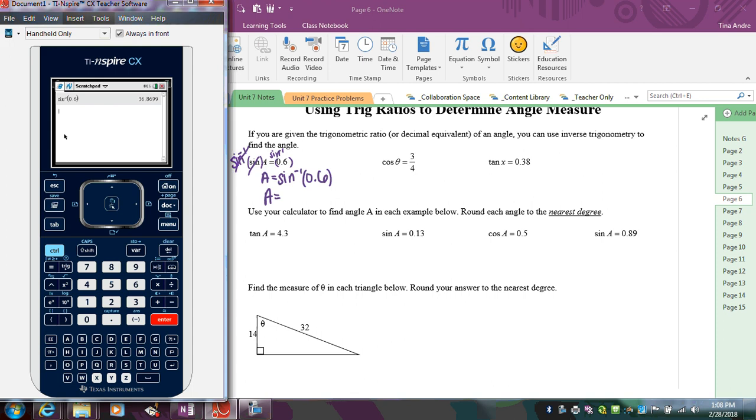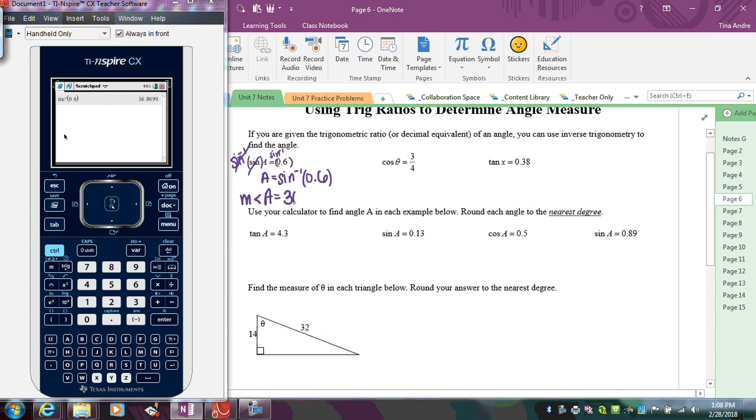It doesn't tell us what to round to, so let's round to the nearest tenth. The measure of angle A, because A is a capital letter so remember it represents an angle, is 36.9 degrees.